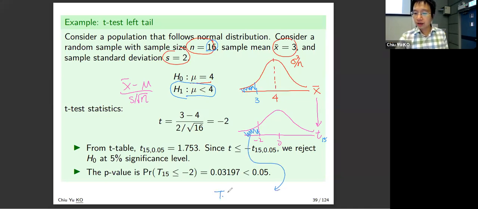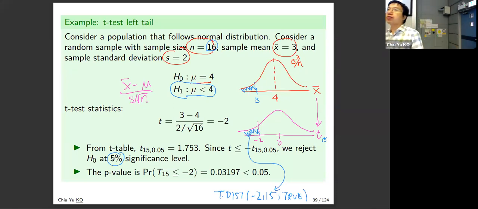For negative 2, which T table are we looking at? The 15 one. And compare it to your alpha. If you use 5% alpha, then you reject. At 1% you don't, at 10% you do. Is that clear?